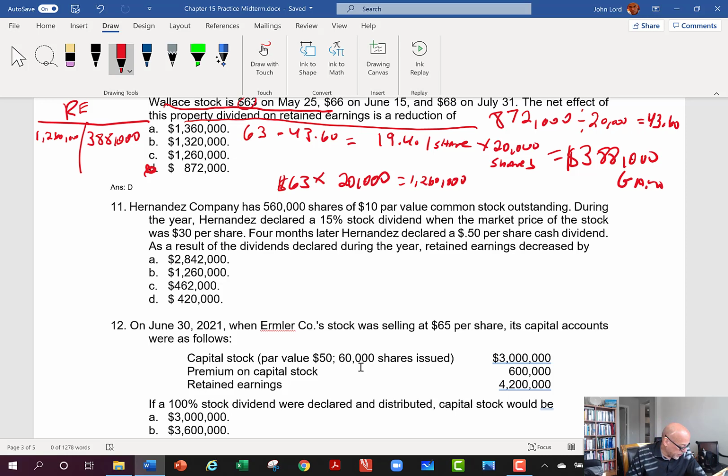But let's take a look here. For this particular one, it's 15%. That means it's a small dividend, okay? So I take the 560,000 shares and multiply it by 15%, 0.15, rather than put the percent.